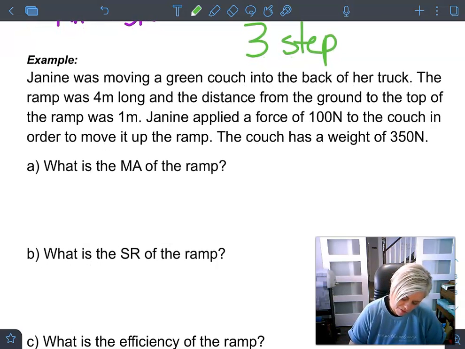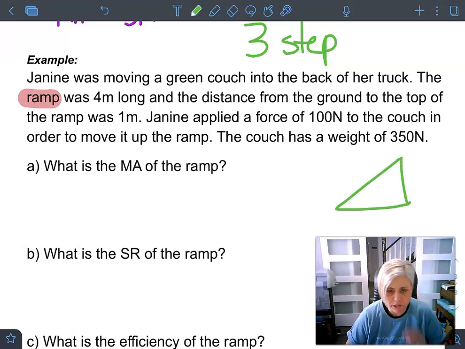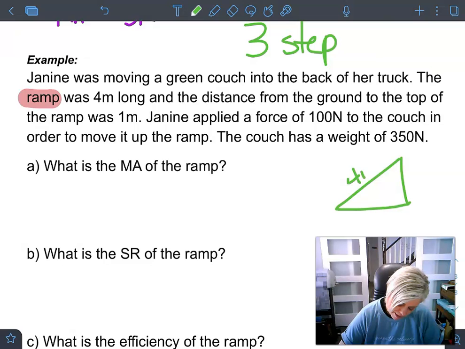All right, Janine was moving a couch onto the back of her truck. She used a ramp. Okay, so a ramp is important information. Now, the ramp was 4 meters long. I'm going to draw this. We've got a ramp which looks like a triangle. It was 4 meters long. That's this distance here. And it was 1 meter off the ground.